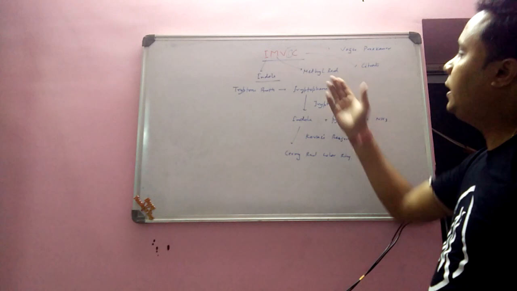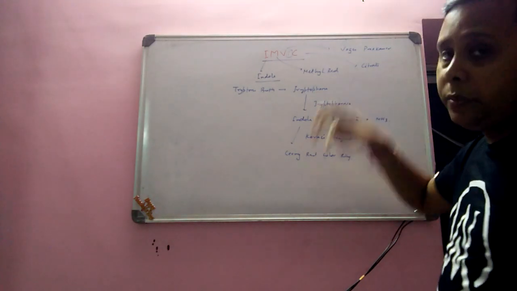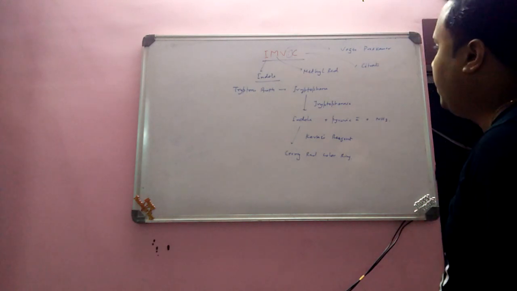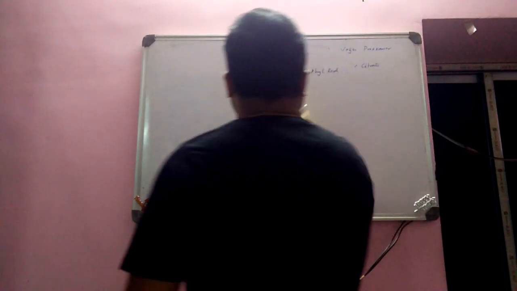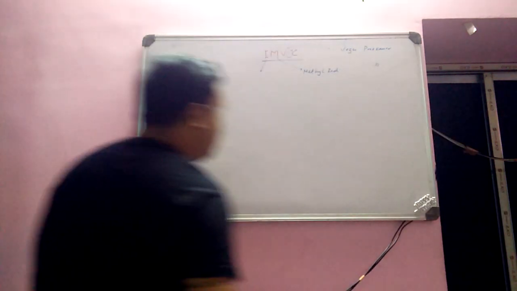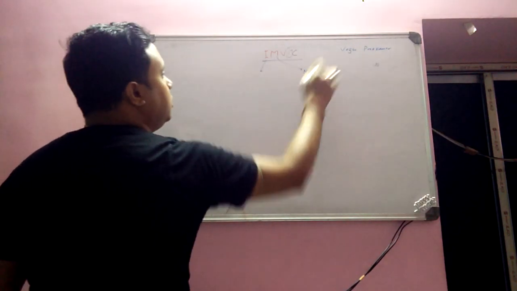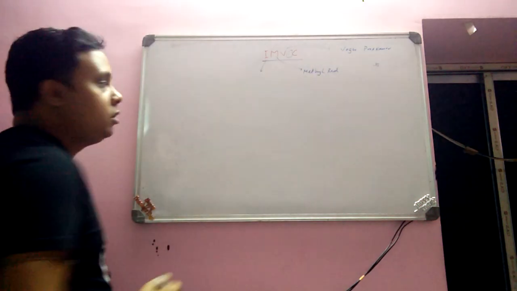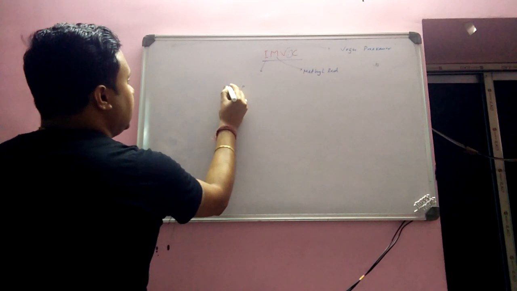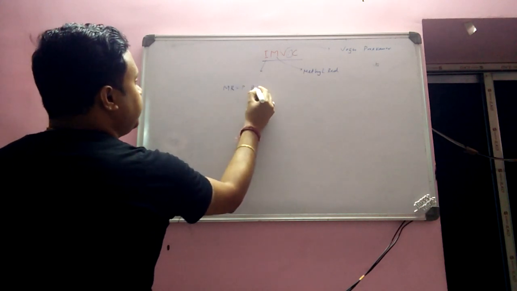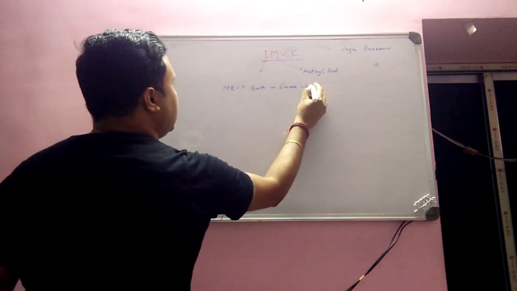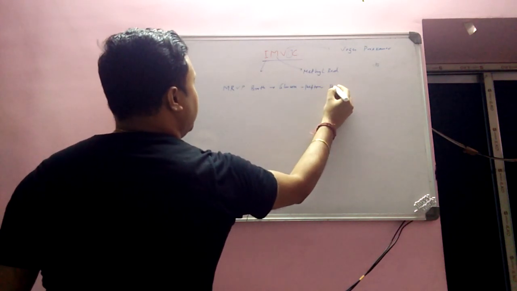Now we should go for the second test, methyl red, and we will simultaneously describe the Voges-Proskauer test, that is the MRVP test. For these 2 different tests we are using the same media, the MRVP broth, which is nothing but glucose peptone broth.